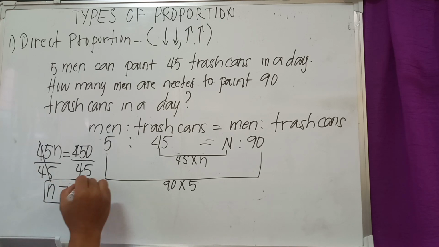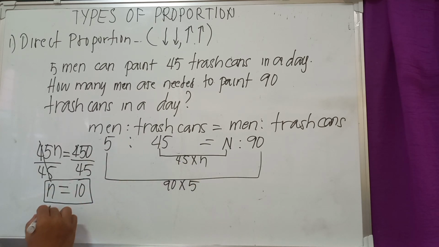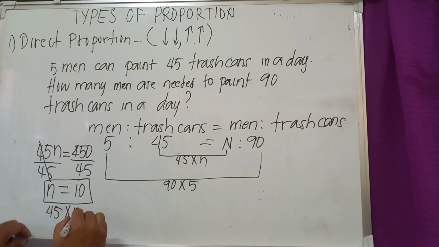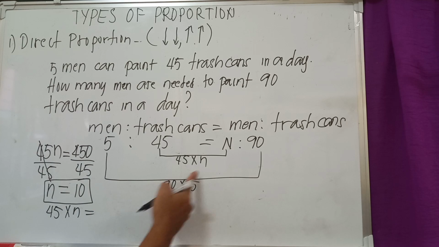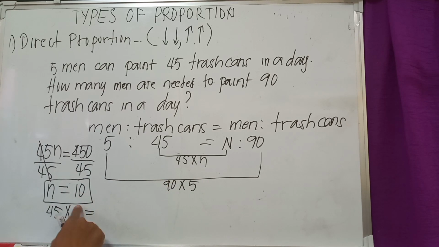Now, paano natin malalaman kung tama yung ating sagot natin? So, let us multiply the means and the extremes. 45 times n. Yung n natin ay 10. So, 45 times 10 is 450.